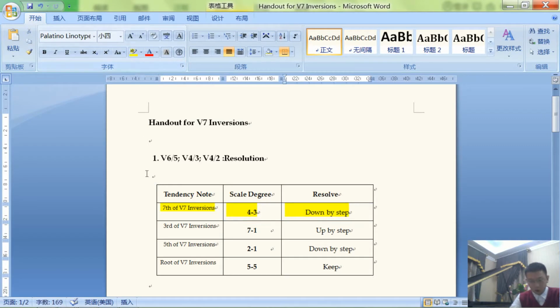This is the most important. The third of the V7 inversions, the leading tone, going up by step. And the 5th of the V7 inversions going down by step. Lastly, the root of the V7 chord inversions, which is scale degree 5, we just keep.